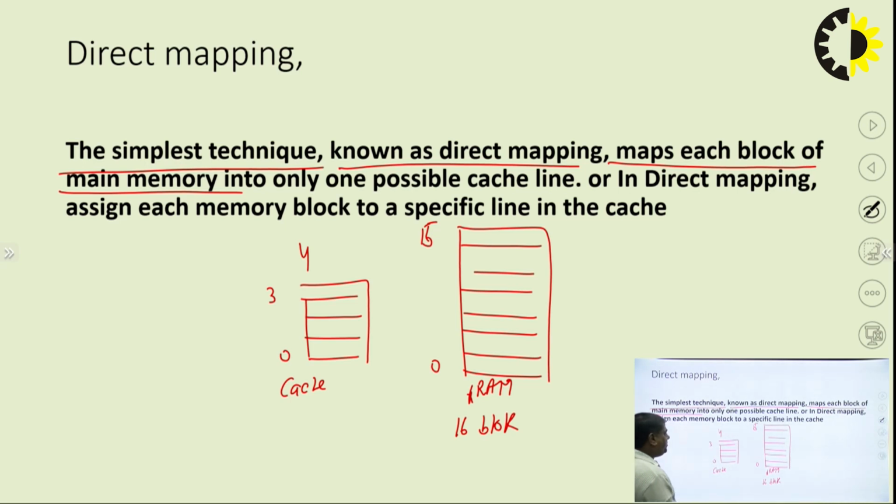What is direct mapping? Block B0 is accumulated in the first block of the cache, B1 in the second block of the cache, B2 in the third block of the cache, and here B3.